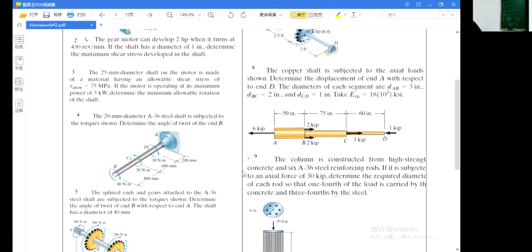At first, you have to find the arc for each section.